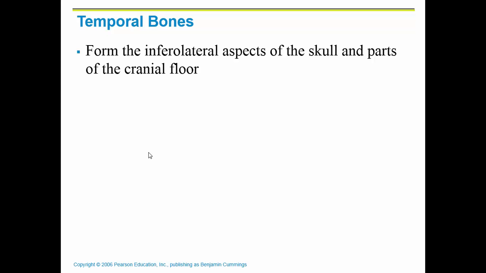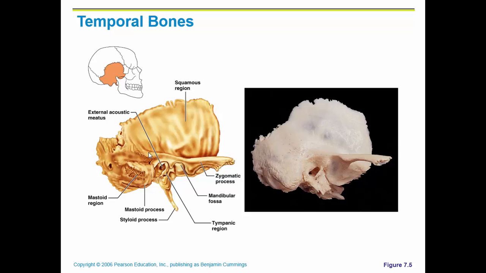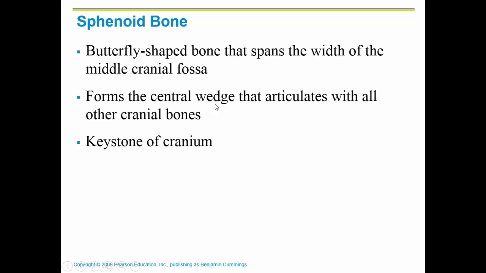If you touch where you think your temple is, that would be the temporal bone. In this picture they've taken it out, so it looks funny, but when you look at the whole skull together, you can see it's on the lower side of the head.